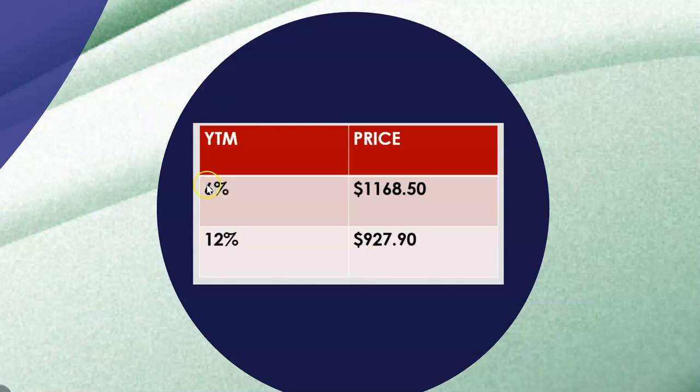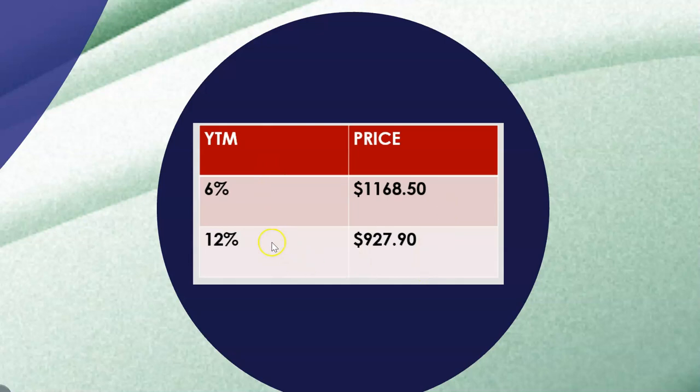In the first example, the YTM was 6%. So when the YTM was 6%, the price was 1168.50. The YTM increased to 12%. The price decreased to 927.90. So when the YTM increases, the price decreases.